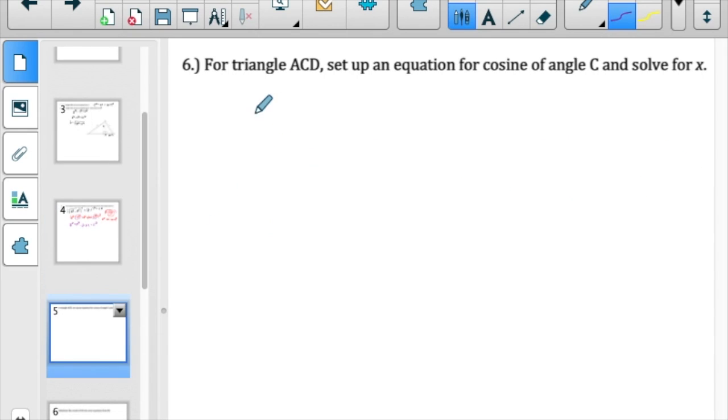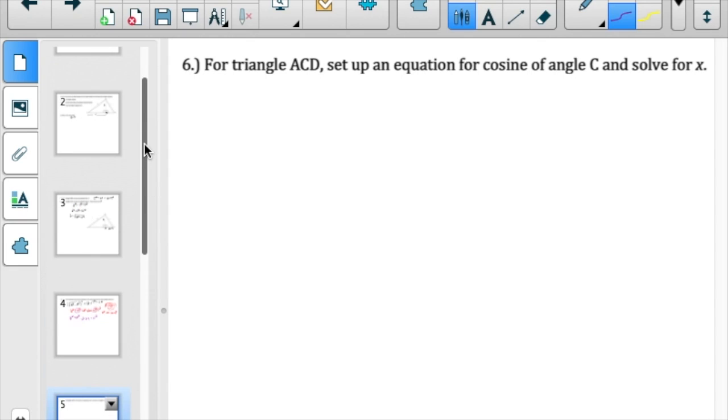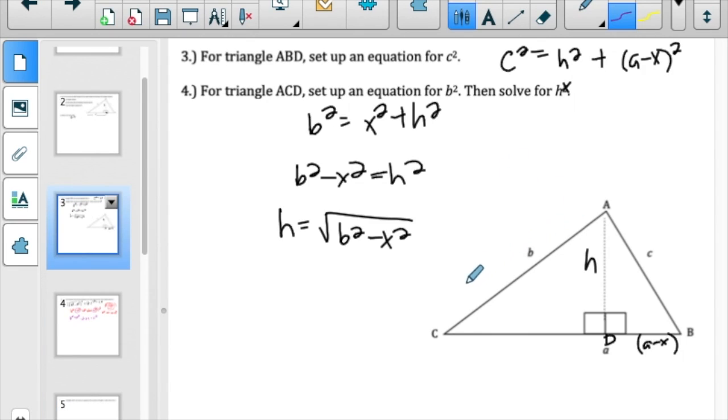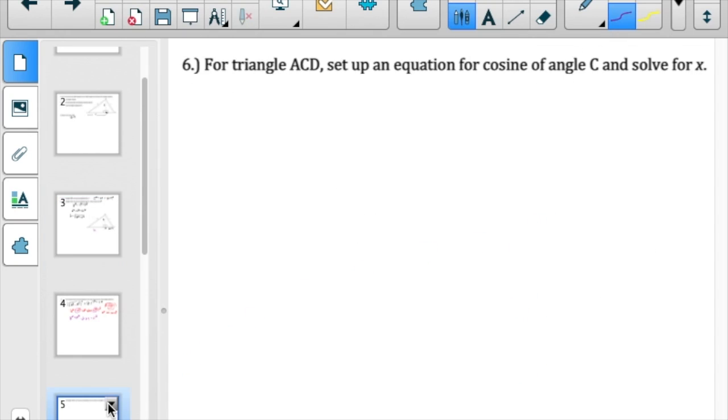Number 6. For triangle ACD, set up an equation for the cosine of angle C and solve for x. So if I look back at my picture here, from angle C, right angle, what's my adjacent side? x, right? And b is my hypotenuse. So what would that look like?